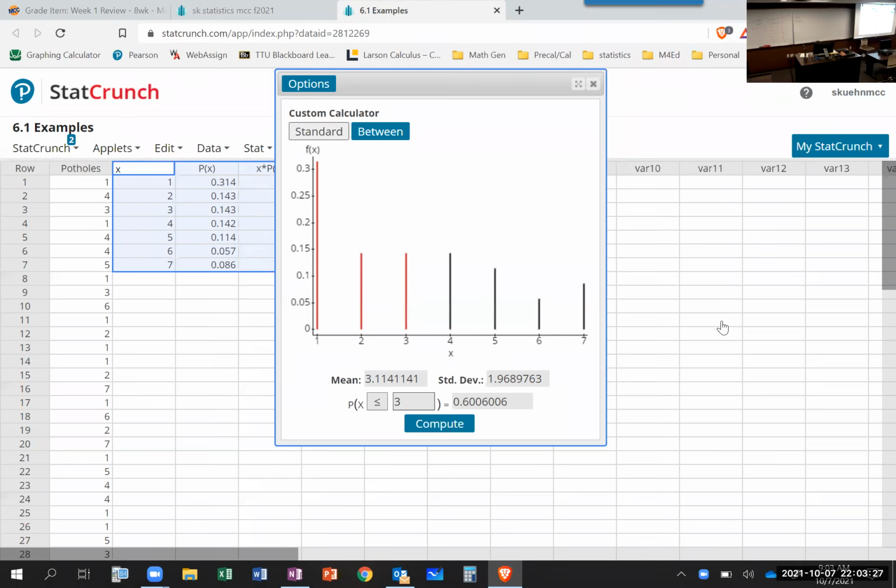Let's rerun our table as a relative frequency. Relative frequency. And then store it in your table. Let's label this X, just so that when we see it, we're good. And we'll know that relative frequency comes after that. Now go back to Stat, calculators, custom.